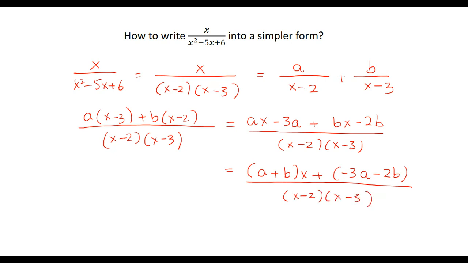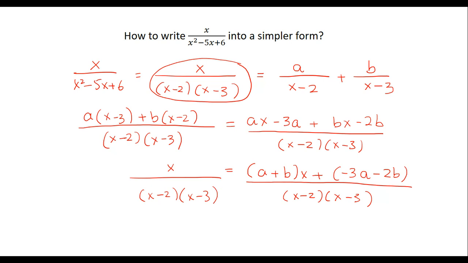Once we have it in this form, we need to go back to our first fraction over here. If I try to correspond them together, you see how quite similar it looks. So let's say I introduce number 1 over here, and let's say I introduce number 0 over here.